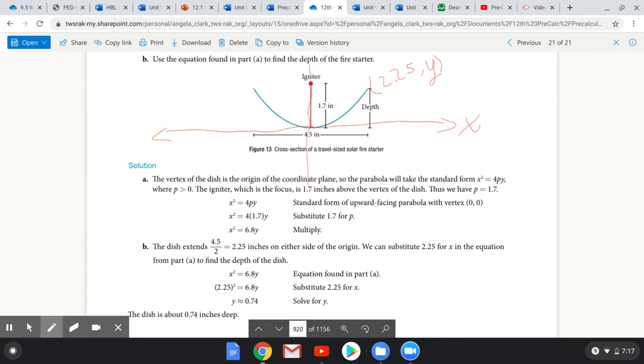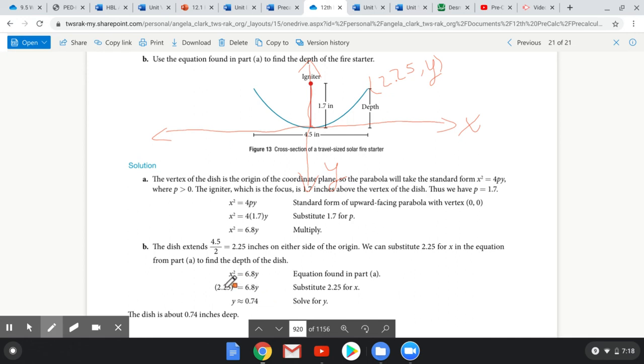And this going through that stick thing is the y-axis. I know I didn't draw it well, but this depth goes from the x-axis up to this point. If that helps you visualize, that's great. So all we have to do is plug 2.25 in for x, and whatever comes out as y is going to be our depth.